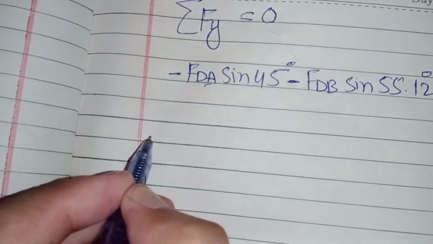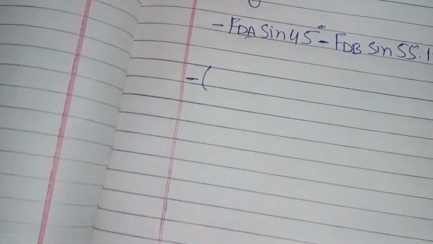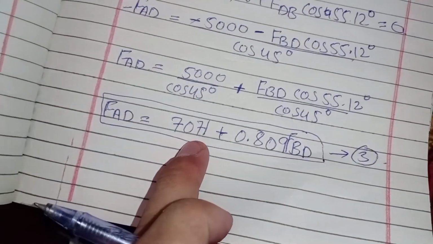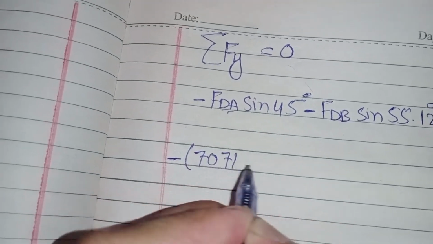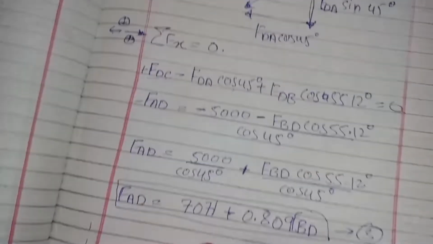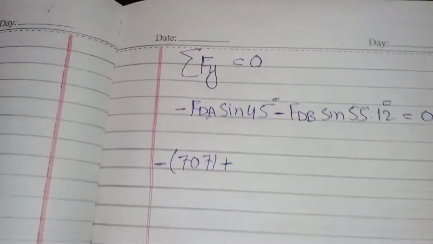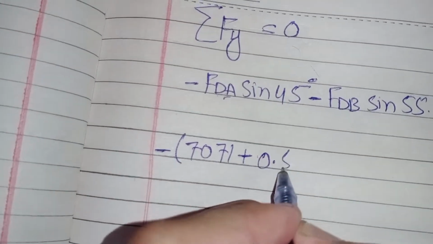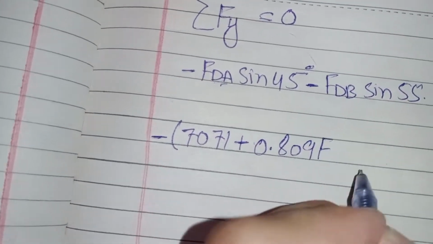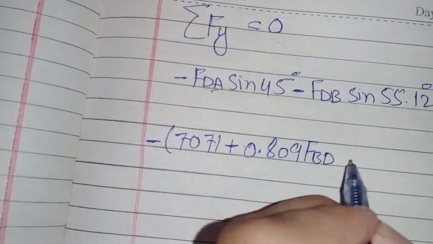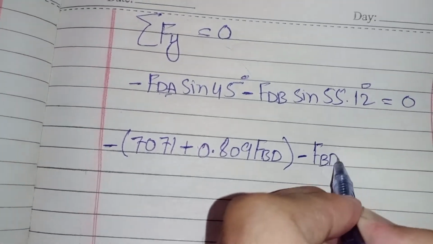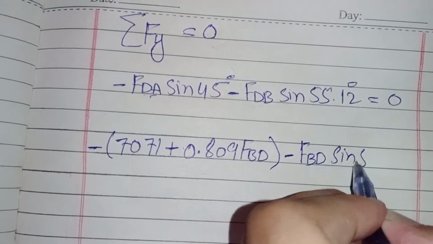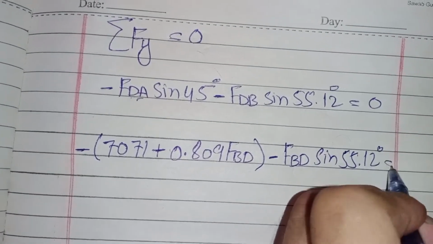So negative into 7071 plus 0.809 force in member BD, negative FBD sine 55.12 degree equal to 0.